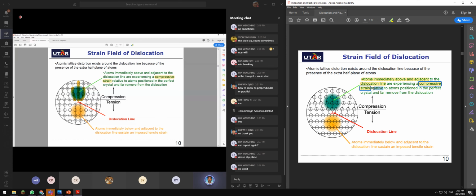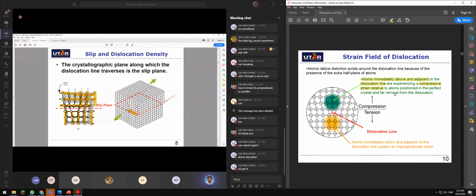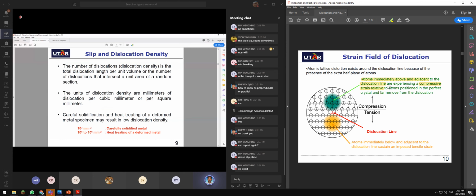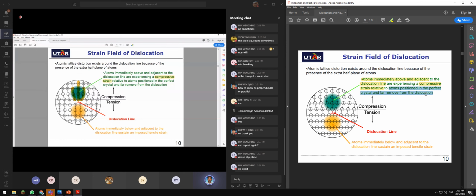That's the reason why I mentioned compressive and tensile earlier. Underneath the dislocation line, atoms immediately below and adjacent to the dislocation line sustain tensile strain. So here it is tension, here it is compression because of the extra half plane of atoms.